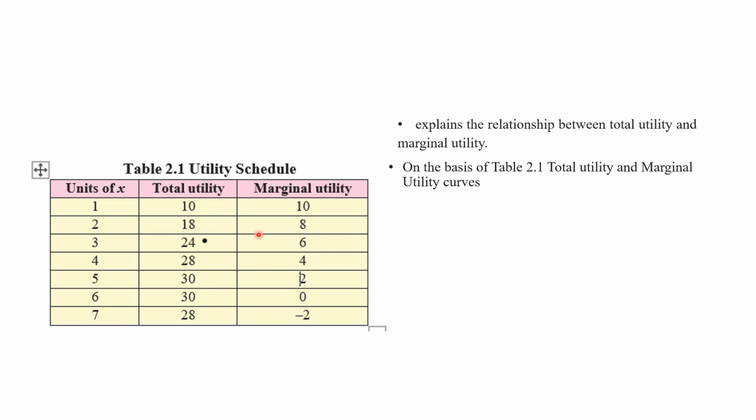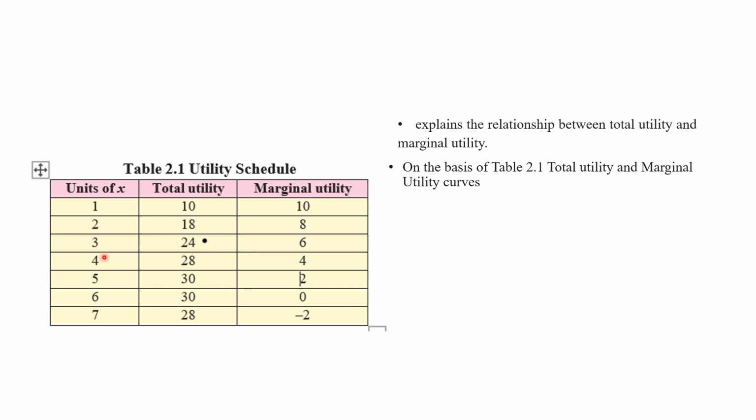How much addition did you make? That is 8. First you got 10 utility, and when you consume two apples, total utility is 18, so the addition is 8 units more at the second time.